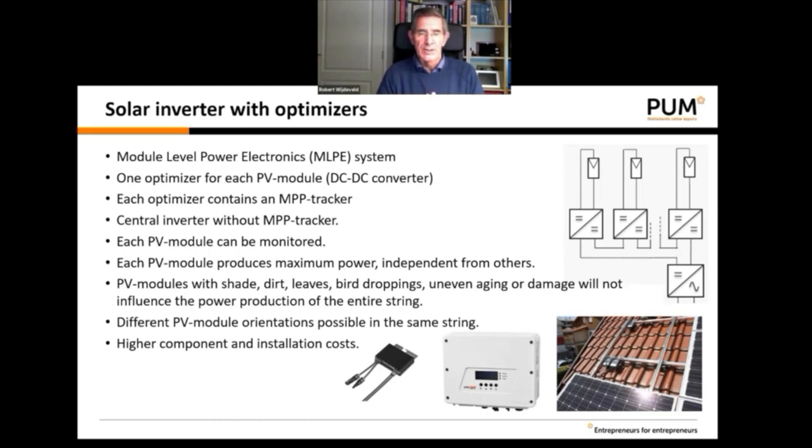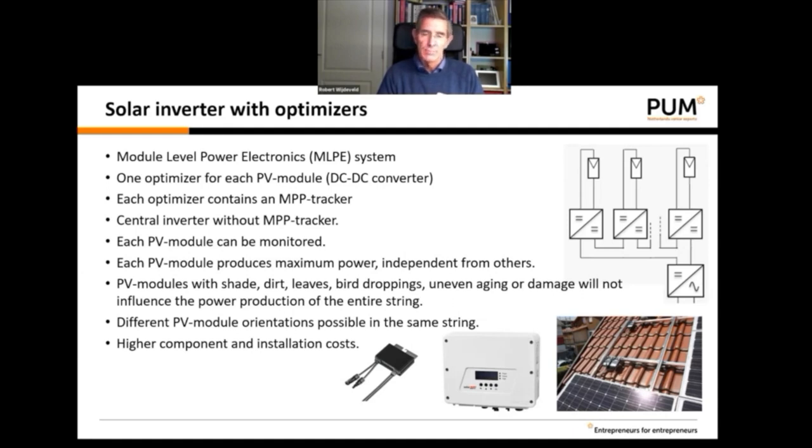But if you use optimizers, then if one solar module is in shade, it's a pity, it produces less energy, but all the others in the same string are not in the shade, and they're producing full power. And in this way, you produce more power in the string.